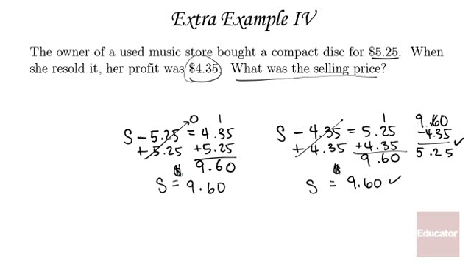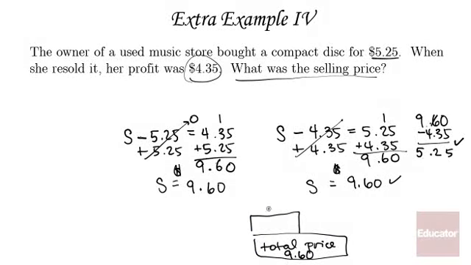So this is a part-to-part, part plus part equals whole type of problem. So part of the money, part of the total price, which was $960, was how much she paid for the disc. She paid $525.